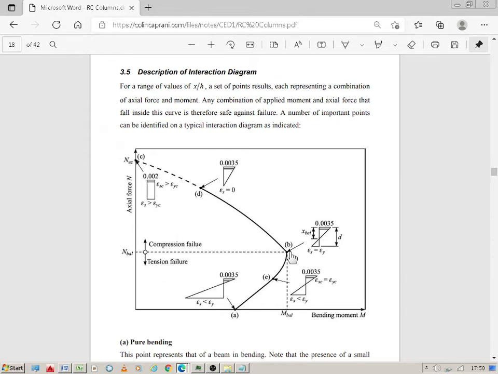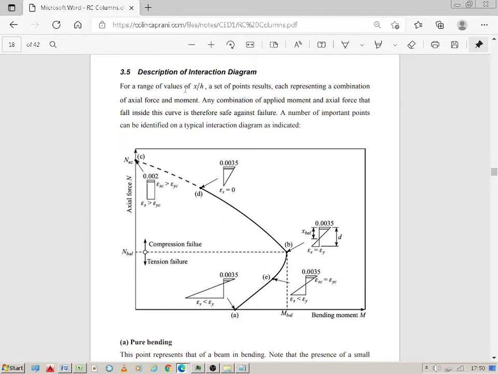So point B is the greatest capacity in bending moment and compression. So I'll just read that out again. This is section 3.5, description of interaction diagram.